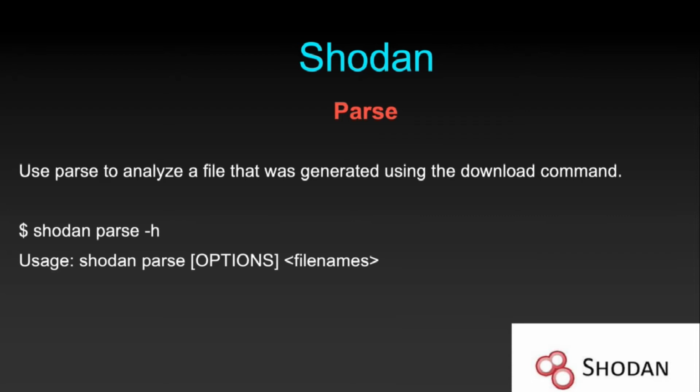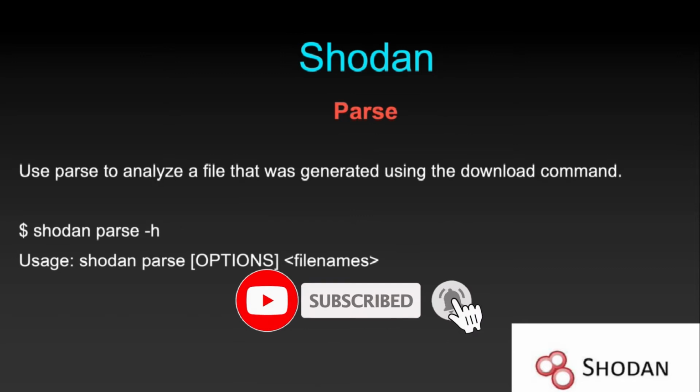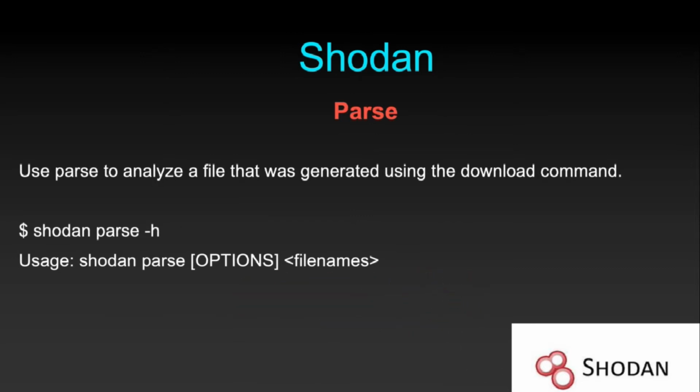You can also use this command parse, which is very helpful to analyze a file that was generated using the download command. You have already seen we used the download command to download a specific set of information for a search query that was big IP.